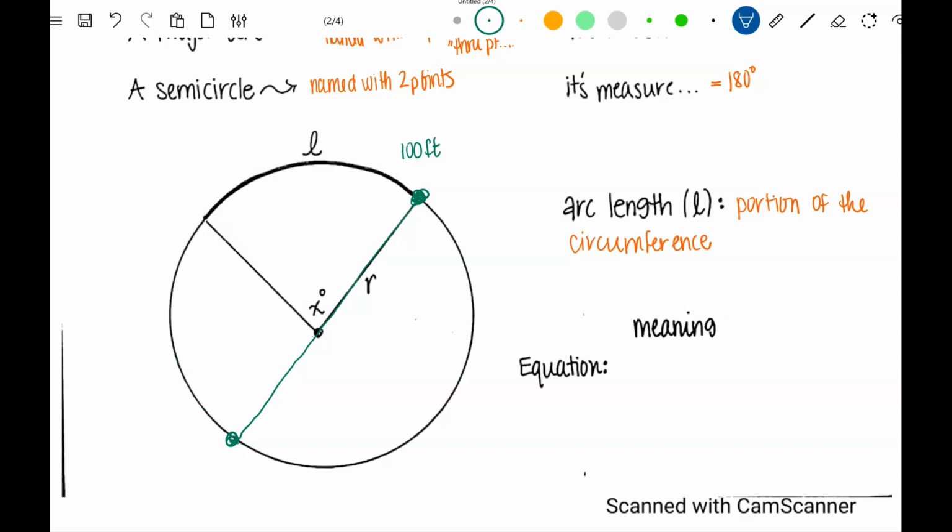Half of 360 is 180, so that's why we have a straight line. If I was to go, let's divide this up into fourths, to this point here, that's a 90-degree angle. I would go a fourth of the way around, which would be 25 feet. This angle here is 90. 90 over 360 is 1/4.